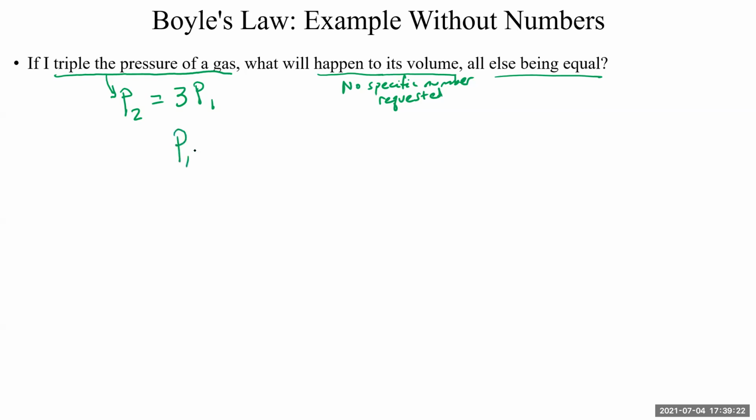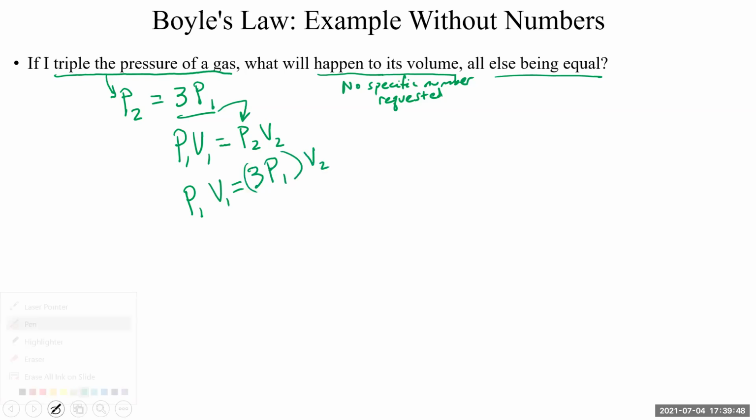So we have P1 V1 equals P2 V2. P1 is P1. V1, we don't know yet. P2 is equal to 3 times P1, and then we multiply that by V2.